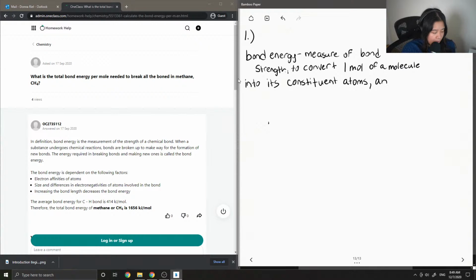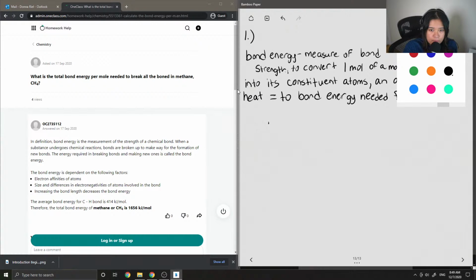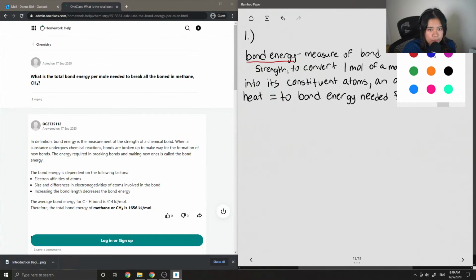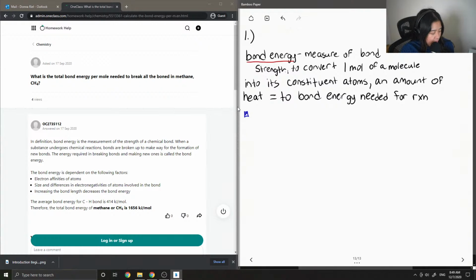So in other words, it is an amount of heat that is equal to the bond energy that needs to be put in. Okay, so bond energy can depend on different factors.